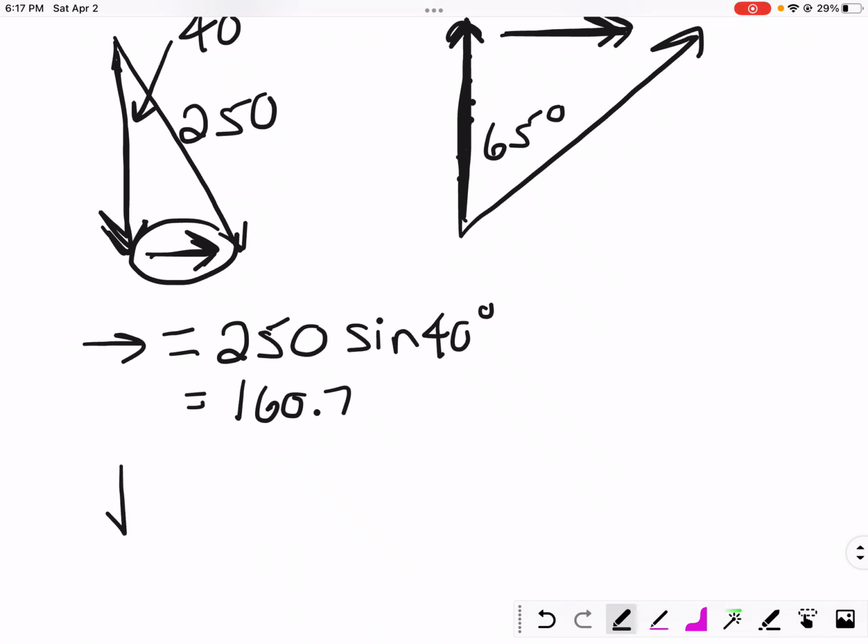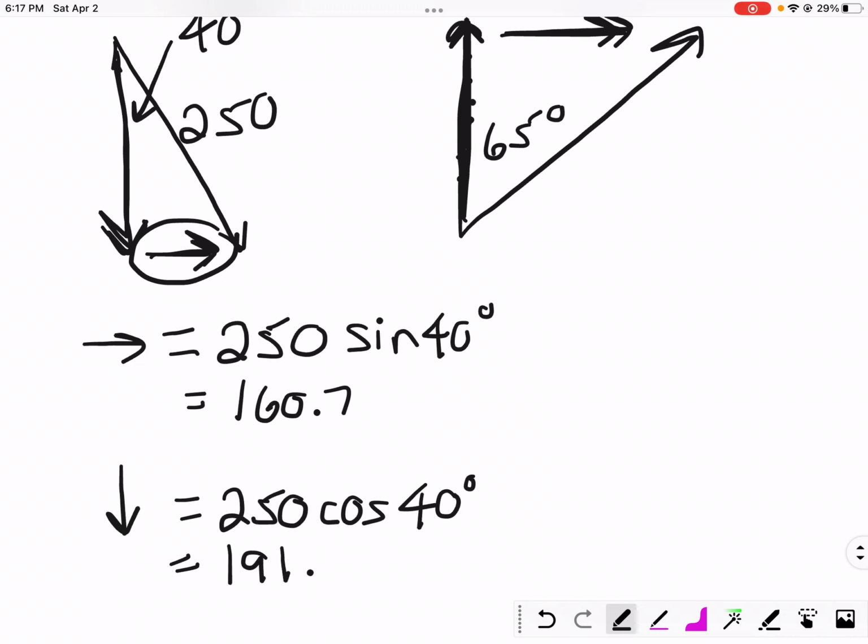The part that's going down, the component going downward, that's the adjacent side, so it's 250 times the cosine of 40, which is 191.5.